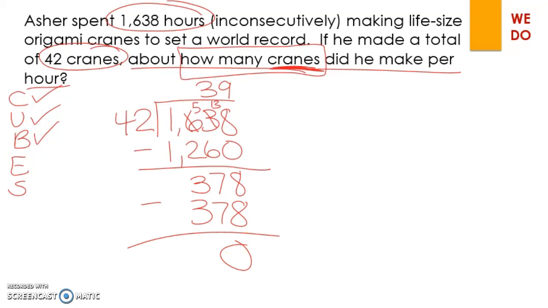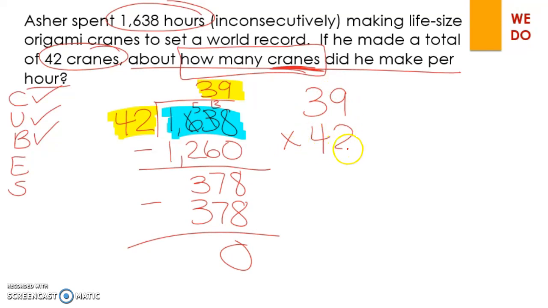If in fact my problem is correct, then 39 times 42 should equal 1,638. So let's multiply. Quotient times divisor should equal dividend. Let's try it. 9 times 2 is 18.